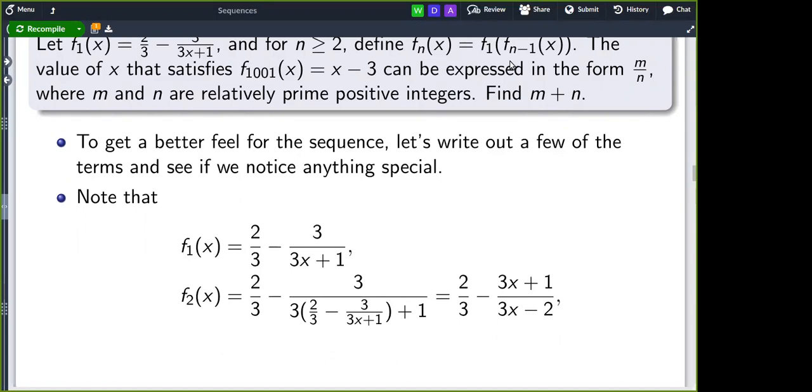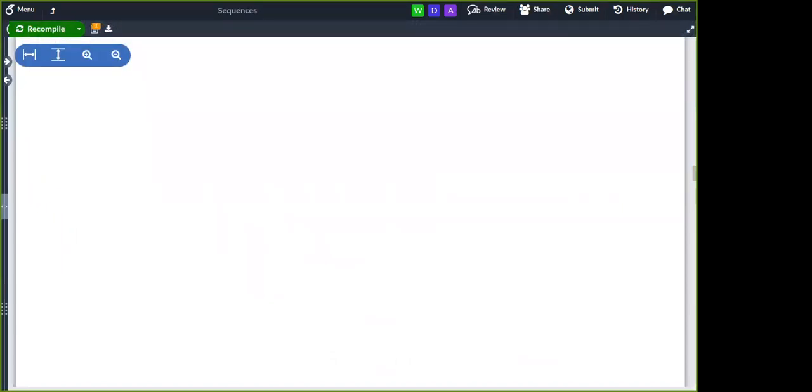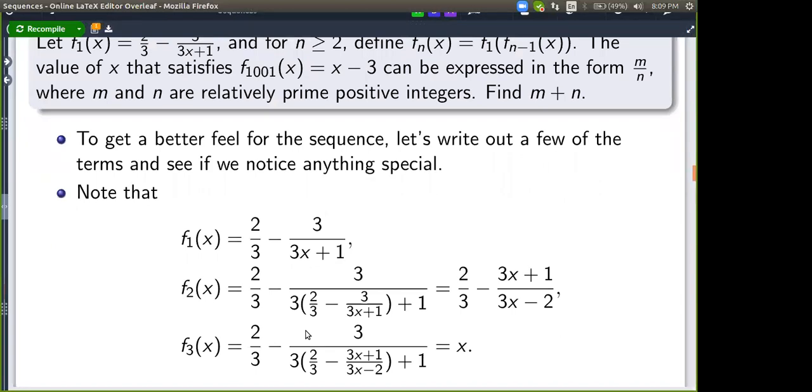So we're going to compute another term. If we compute F3 and evaluate that big fraction, it's just equal to x.